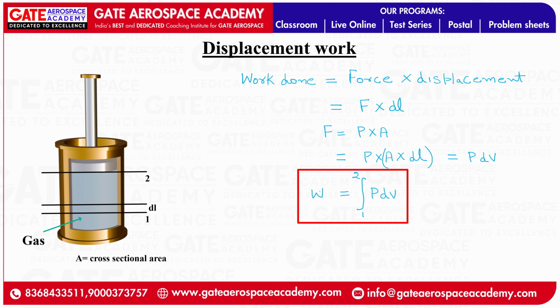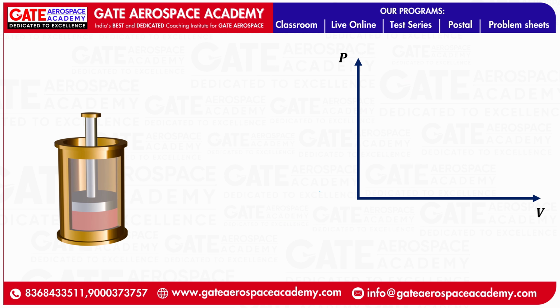Now let's see one interesting thing. Again we have a piston cylinder assembly. Now we will draw the path on the PV plane, pressure volume plane, right? We can measure the pressure and then find out the volume. Then again when the system is changing its state, we can measure the pressure and volume and plot it. When we connect the locus of all the points, we can draw the path on the pressure volume plane, and let's say that path is like this.